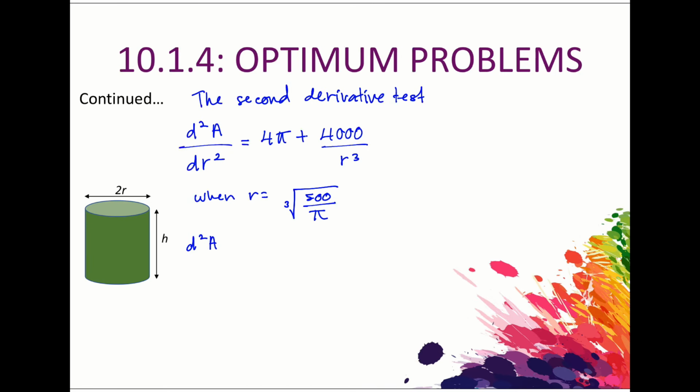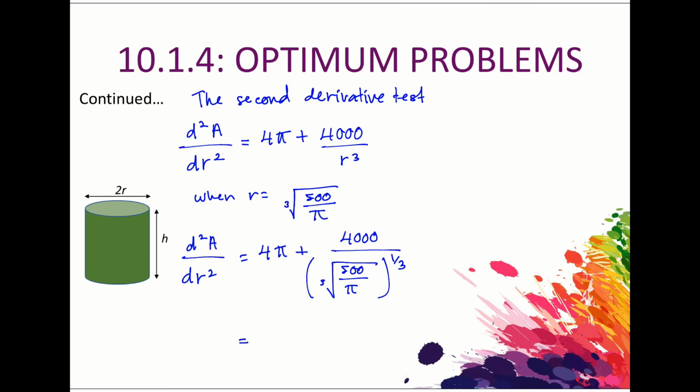the second derivative is equal to 4 pi plus 4000 over 500 over pi to the power of 1 over 3, to the power of 1 over 3.